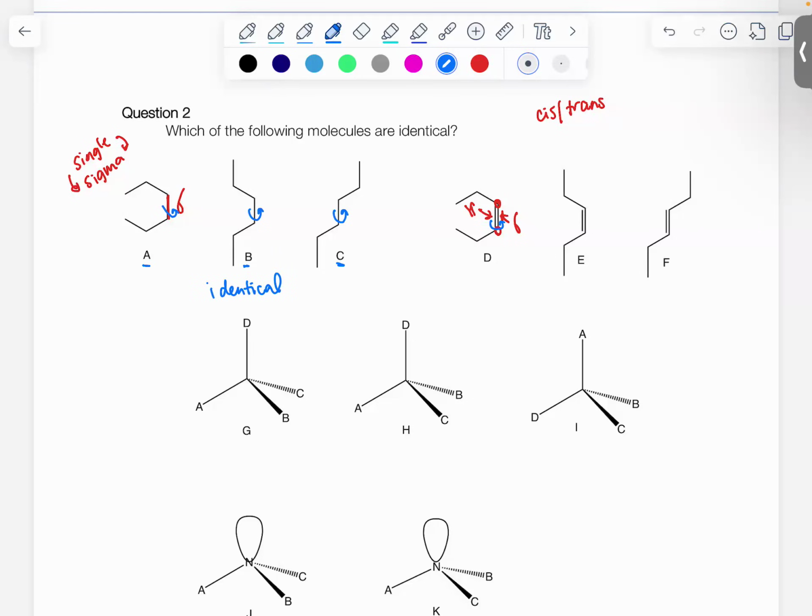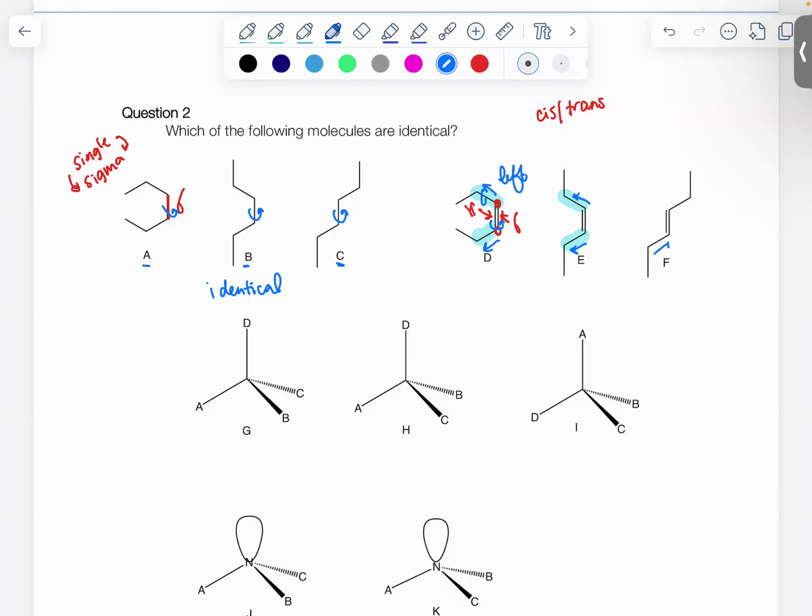But when we come with our pi bonds, we're going to run into some problems. So with D, we can look at it as both of these are going to the left. And with E, again, they both go to the left. They don't look the same, but that's because the rotation that we see, specifically with these bonds, is around a single bond. And so that can happen.